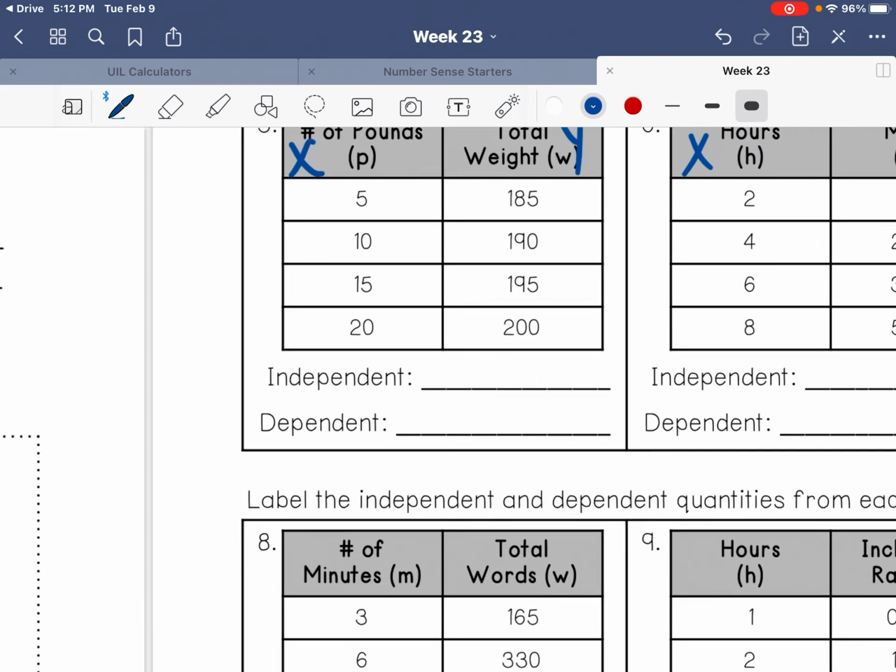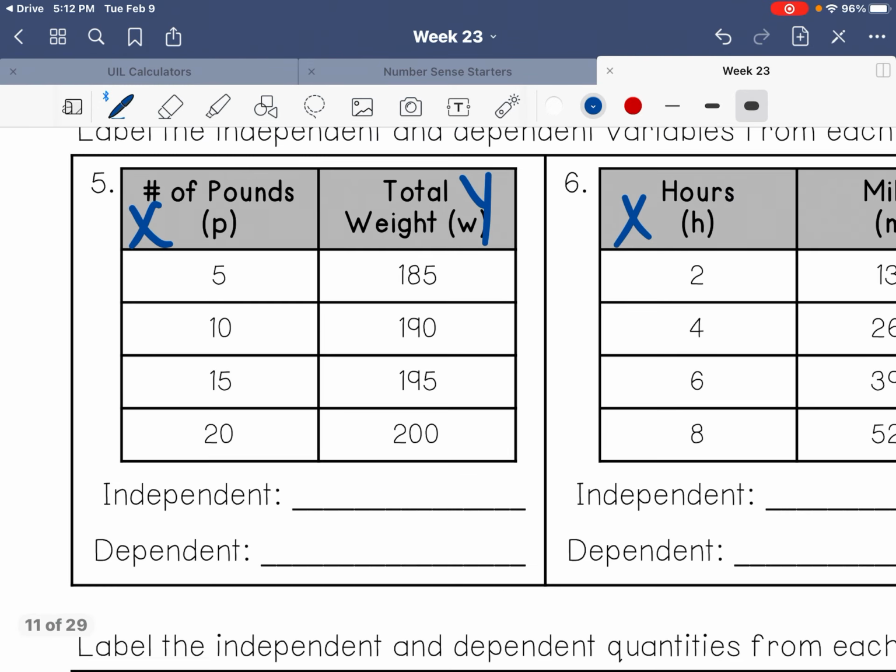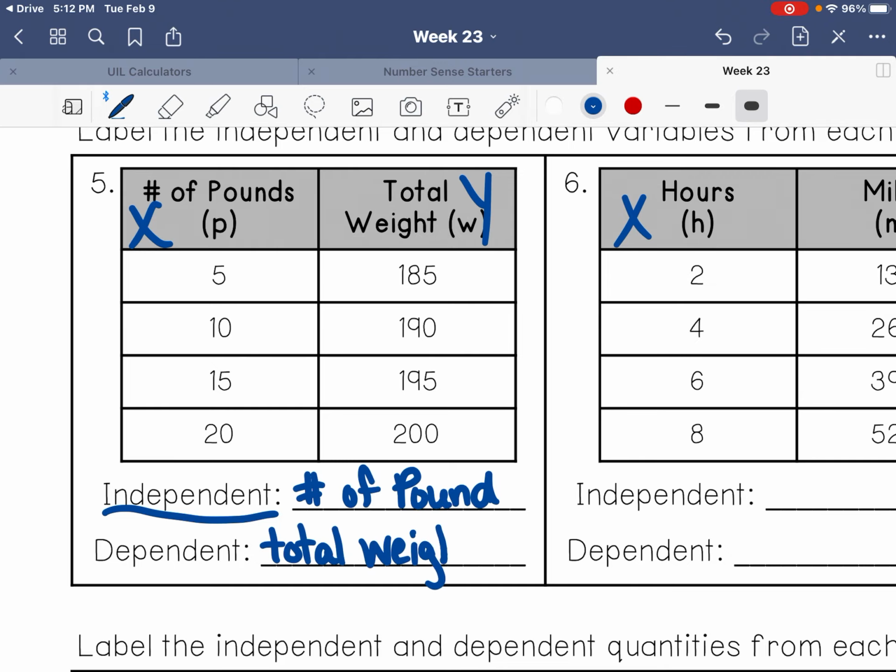So let's talk about that on number 5. Number of pounds is in the first column. That is my independent variable. Total weight is in the second column. That's my dependent variable. It's really that easy, people.